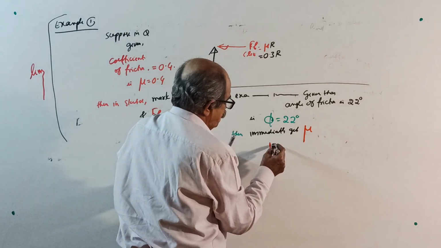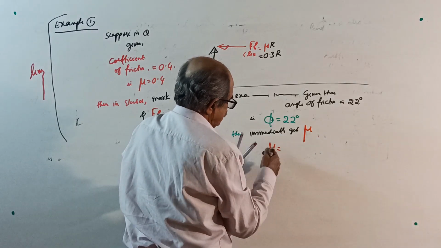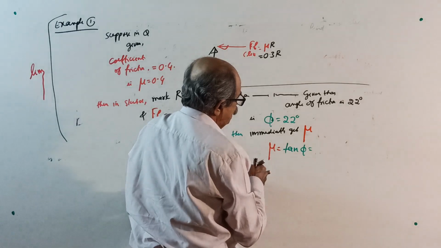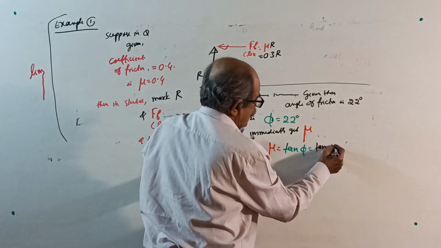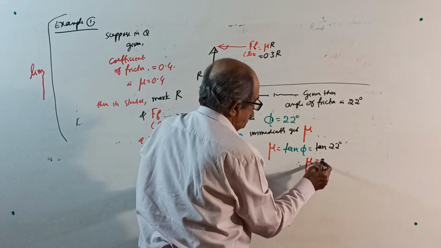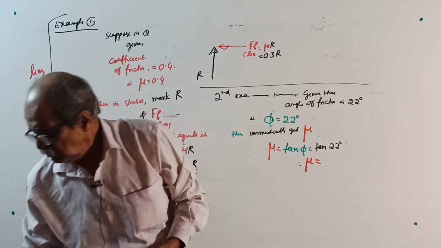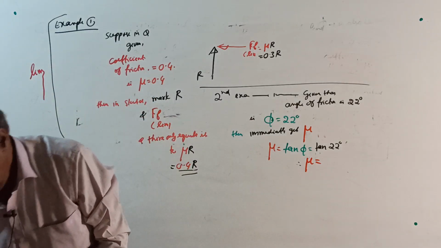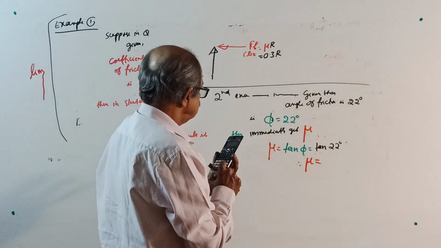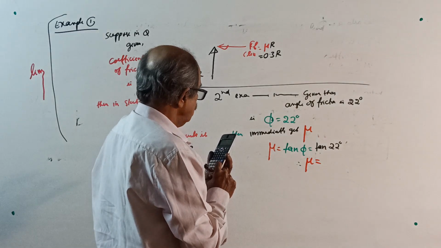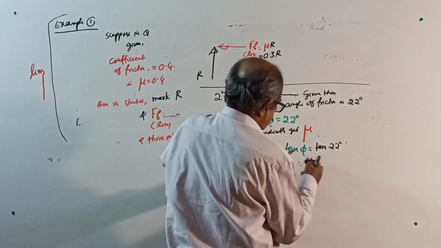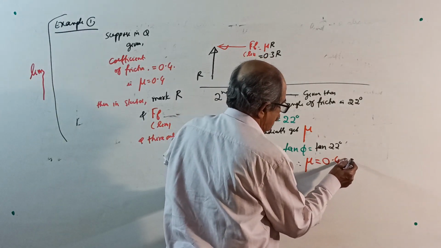How? Mu equal to tan phi equal to tan of 22 degrees, therefore you will get mu equal to tan 22, equal to 0.404.